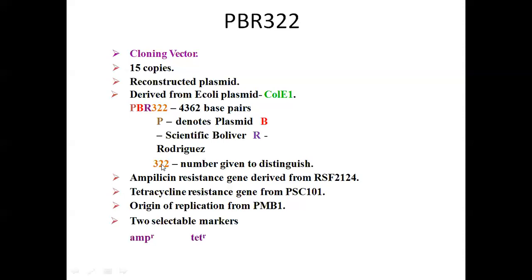This plasmid showed good activity, that's why they selected it. It has an ampicillin resistance gene derived from RSF, a bacterial strain, a tetracycline resistance gene, and an origin of replication. Two selectable markers, TetR and AmpR. This is important.